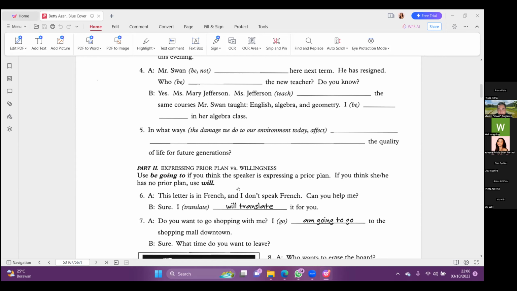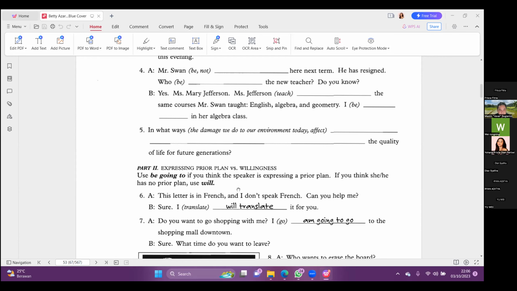The verb, I think, will affect. Yeah, it's just will.